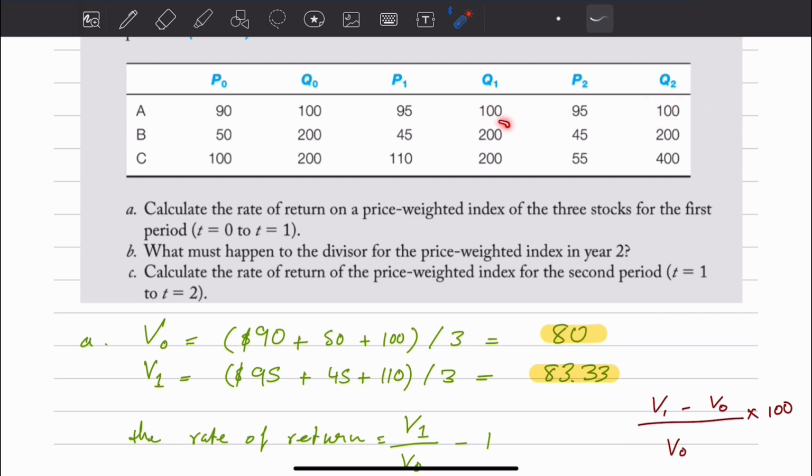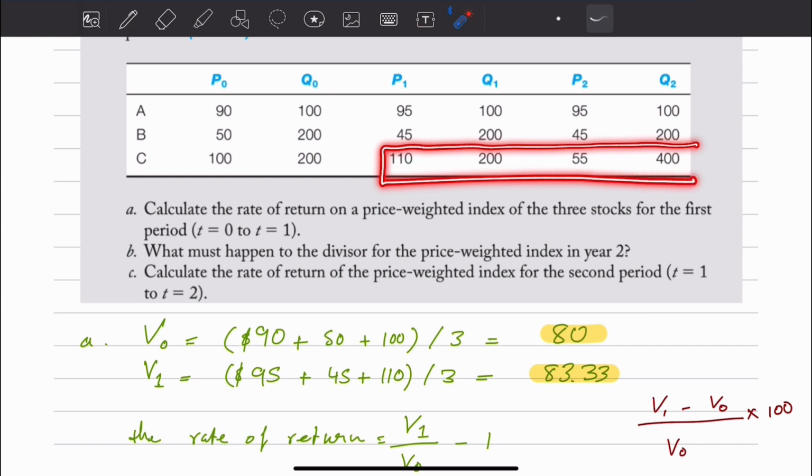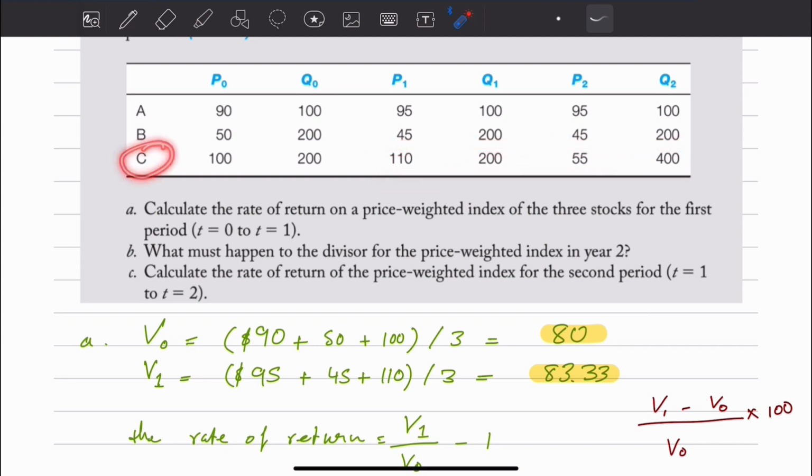For stock B, 200 shares, 200 shares. Whereas for stock C, it was 200 shares and then it doubled to 400 shares. Whereas the price was 110 and then it was cut in half to 55. So we can easily notice that this is the stock that had a stock split between time 1 and time 2. Okay?